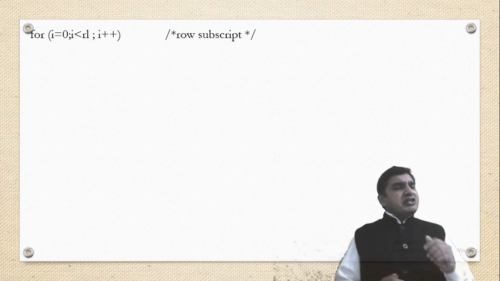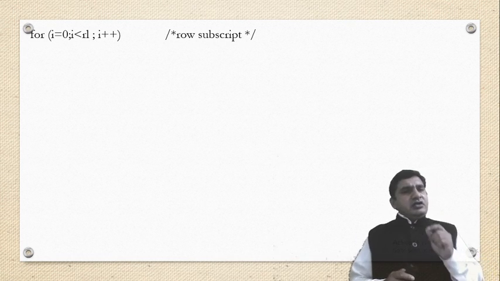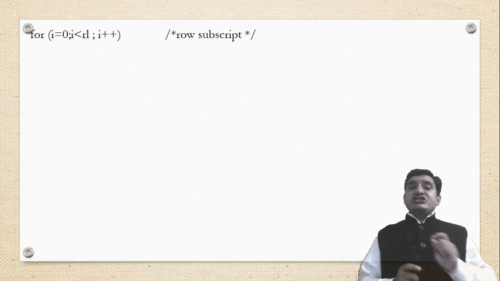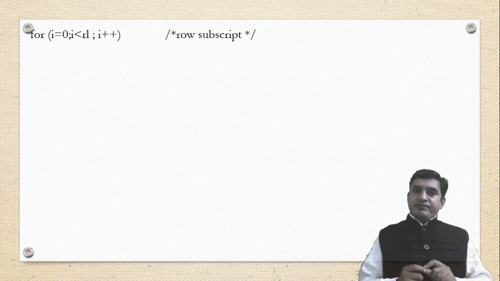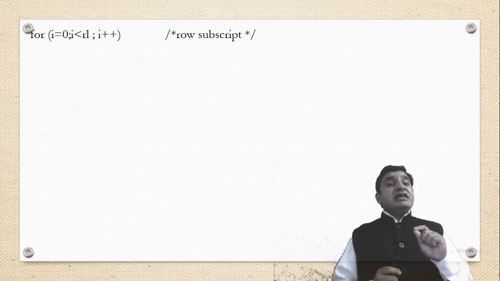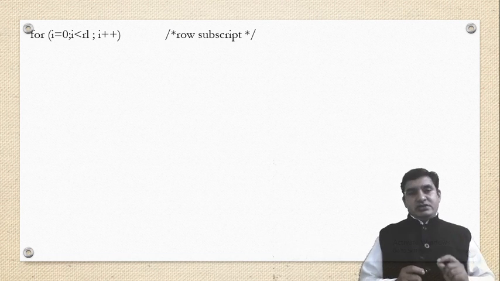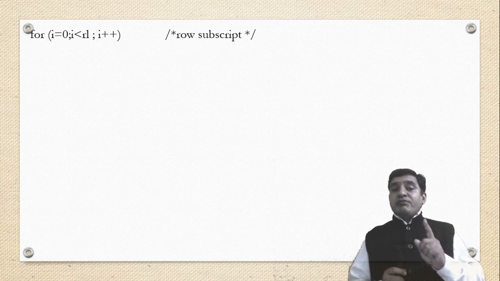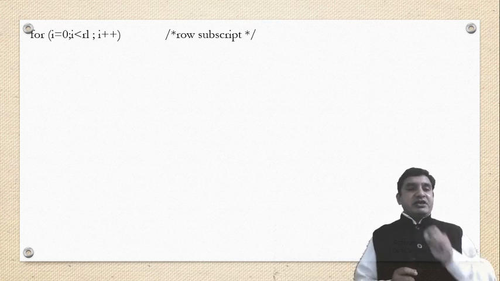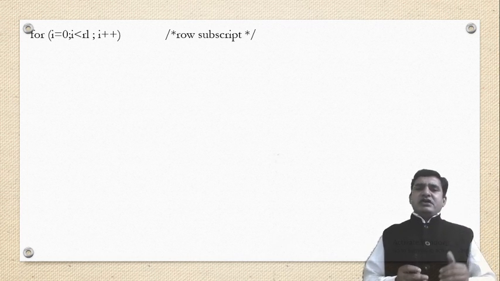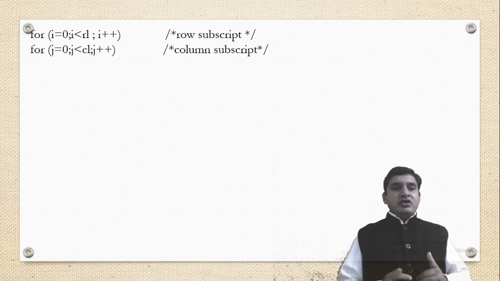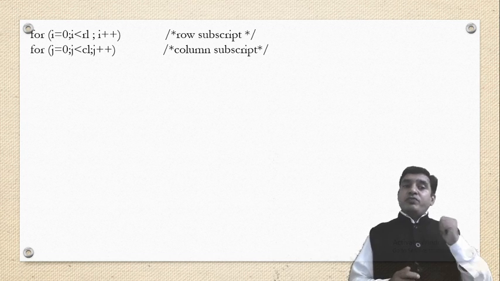For that we use a for loop. In the for loop, first is the initialization, I is equal to 0. Then I is less than R1, that is the number of rows of the first matrix, and then we have to increment I. Now again a for loop.